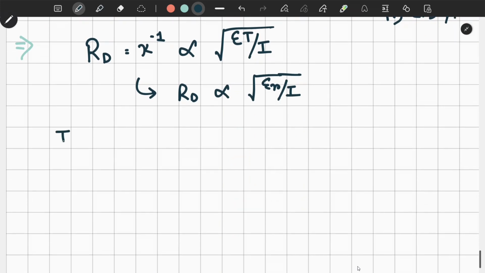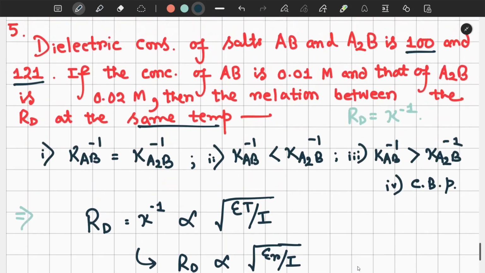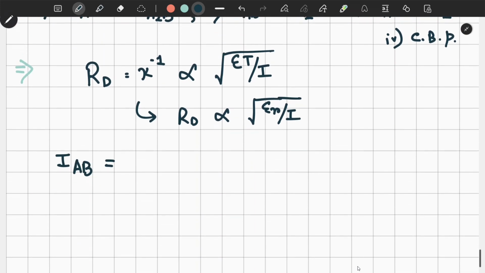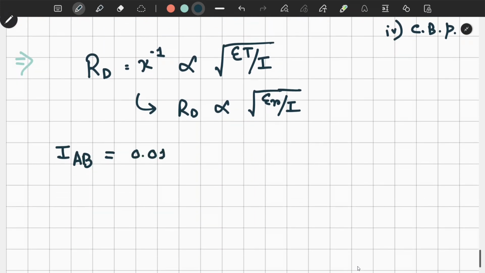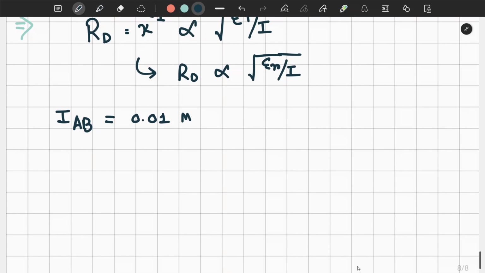So IAB first. What will be the IAB? It is a monovalent thing, so it will be just directly 0.01. Correct, because it is monovalent. For monovalent case, we will not do anything. But A2B, you can calculate.